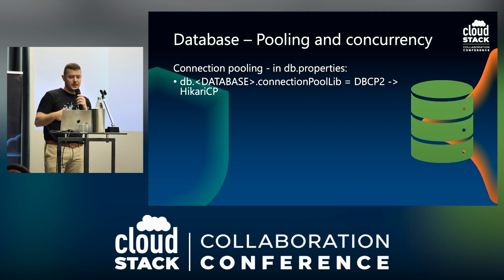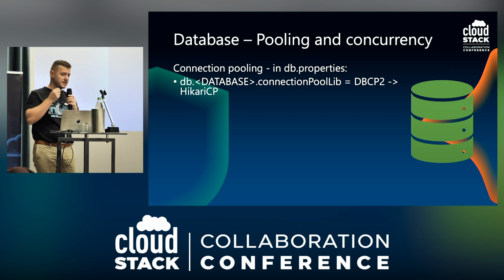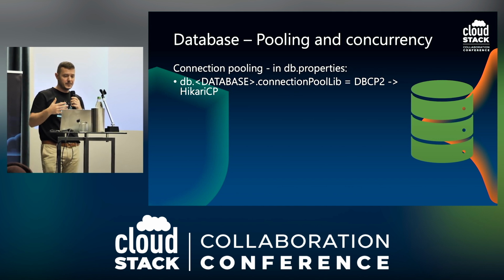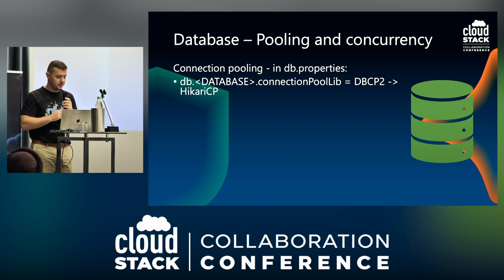And we discovered HikariCP, which is especially designed for managing large connection pools. And with it, we saw a good increase in performance. I do recommend it, it's a simple setting in the DB properties. Simply change that, and it should be applied, and you should see that.